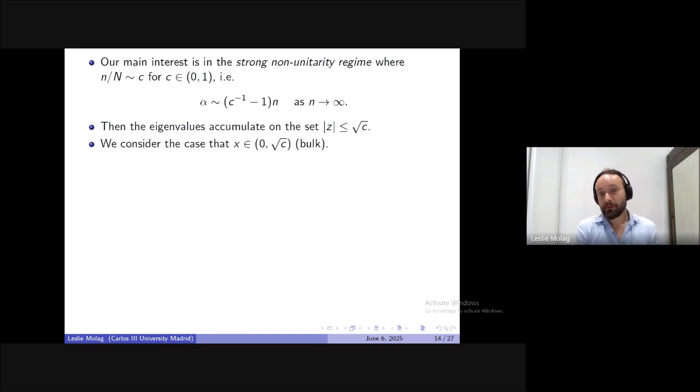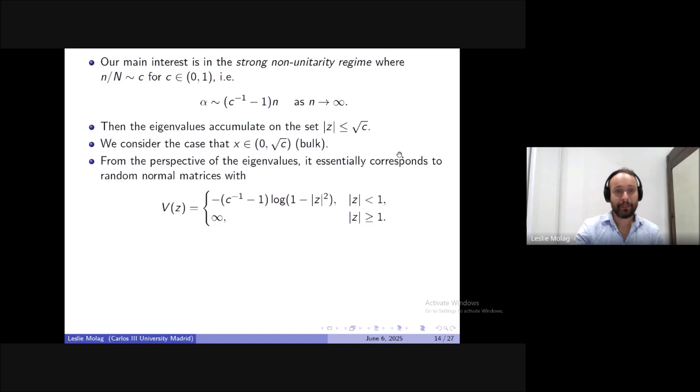We will only consider the case where our point insertion is in the bulk, as we call that, strictly inside the droplet. And again, by rotational symmetry, you may assume that it is in this interval of positive numbers between 0 and square root c.